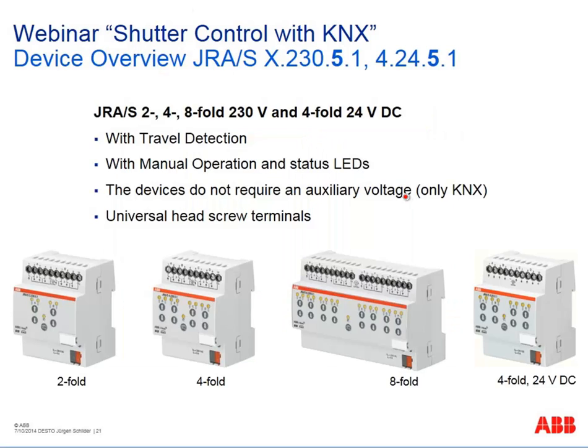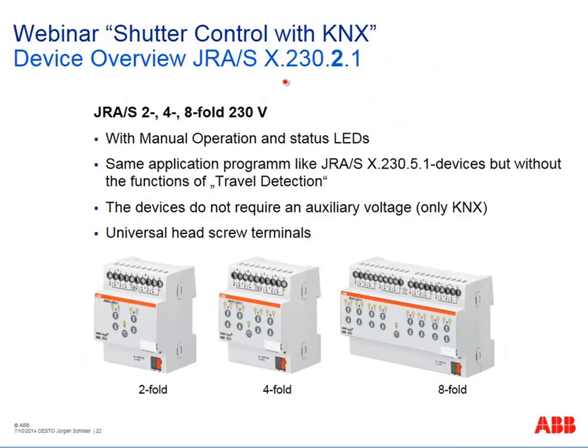So here are the components, 2, 4 and 8 channel and 4 channel 24 volt with travel detection and manual operation available here, so with a 5 in the middle, followed by components with 2 in the middle of the type description. No travel detection, but still manual operation, and no 24 volt DC shutter actuator. This is only available with the most powerful solution.